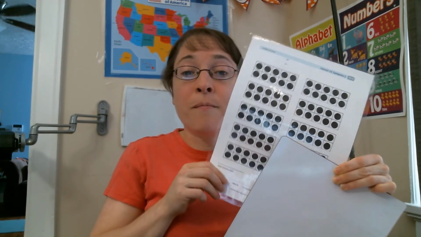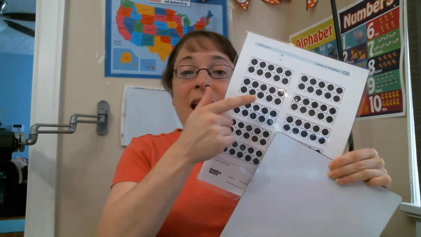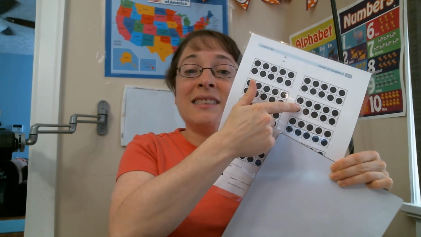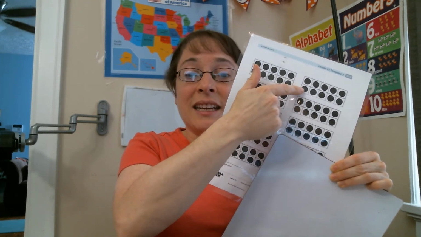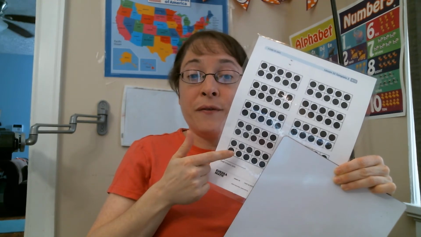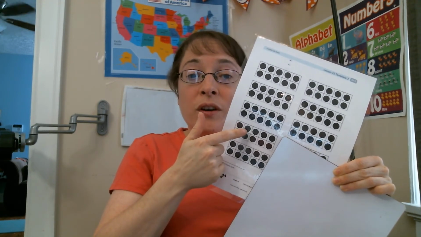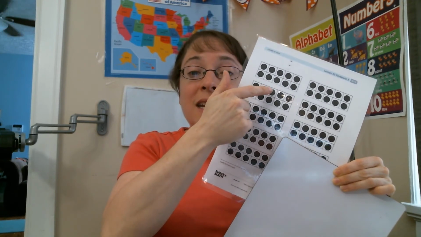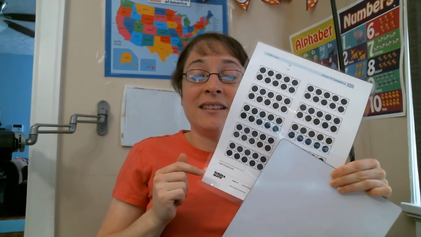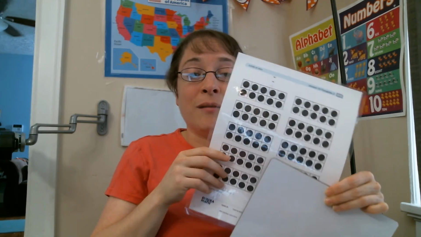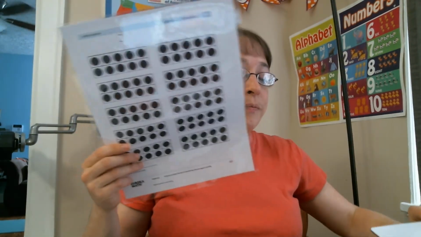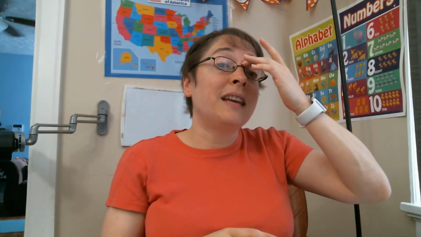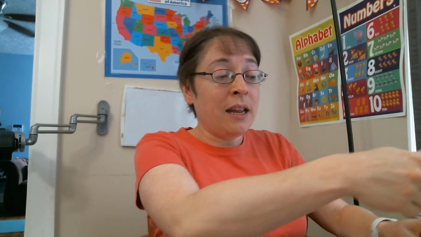Now let's count backwards. 80, 70, 60, 50, 40, 30, 20, 10. Very good. Okay. All right, very good. So you can keep doing this at home if you would like.